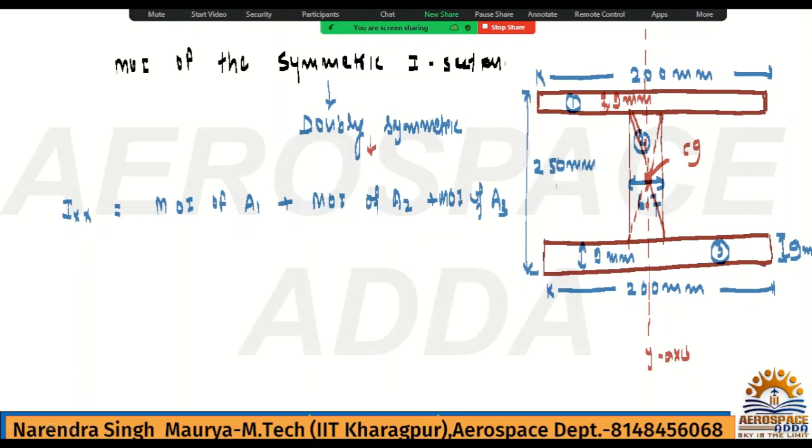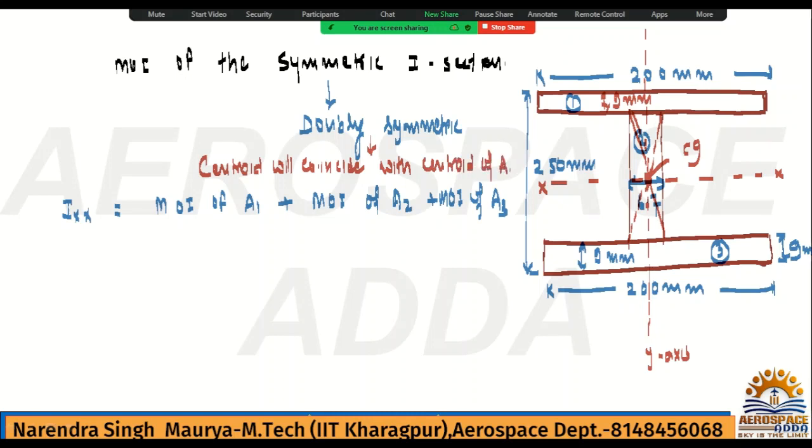This is the y axis and the x axis will be passing through this. CG will be the centroid. I can write here, centroid will coincide with the centroid of the A2 box. So it is now clear. Your y bar, whether you take from the top or bottom, will be the same. That's the meaning of it.